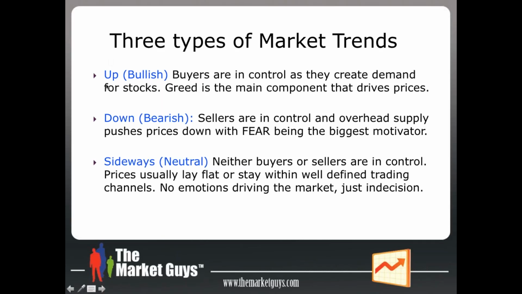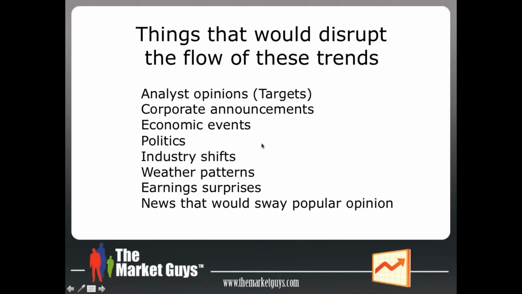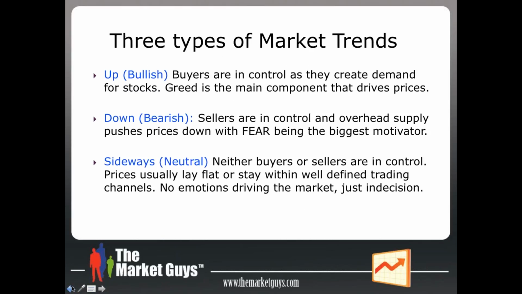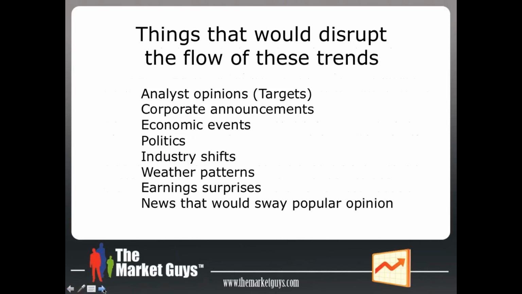So, all right. Now we know the up market, down market, sideways market, but what just happened there? We now have to look at what might disrupt the flow of those trends. See, this is where we go from understanding what the trends are to reading what affects the markets once they're established.